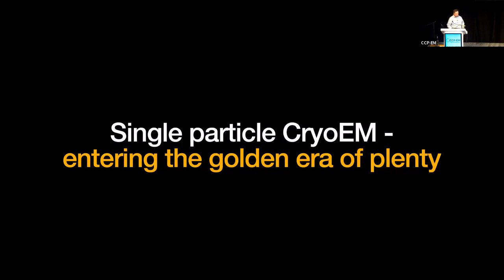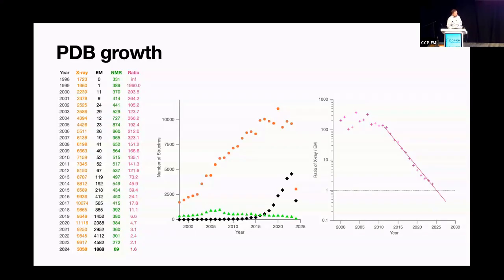I don't think it's any surprise to anyone that we are entering this great era in single particle cryo-EM, and we've seen different versions of these statistics in previous talks already. This is a tabulation of all of the structures in the PDB according to technique, which you can download, and you can look at the progression of the number of structures determined by X-ray, EM, and NMR.